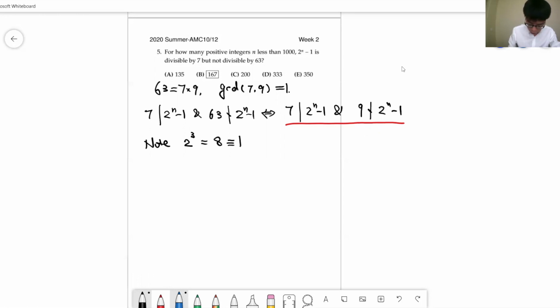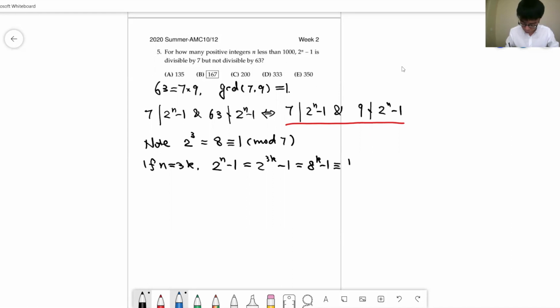The remainder is 1 when it's divided by 7. Okay. So we see that if n equals 3k, 2 to the nth power minus 1 is 2 to the 3k minus 1, which is 8 to the k minus 1.